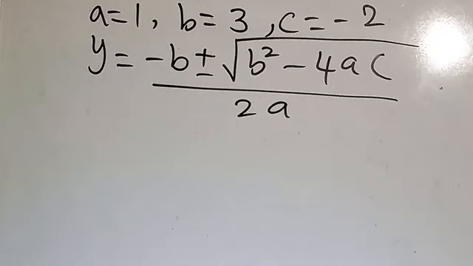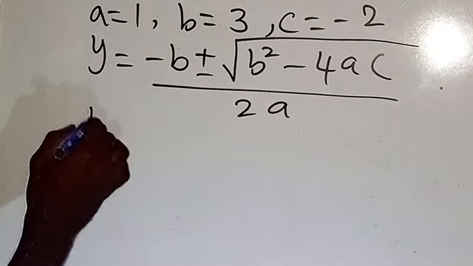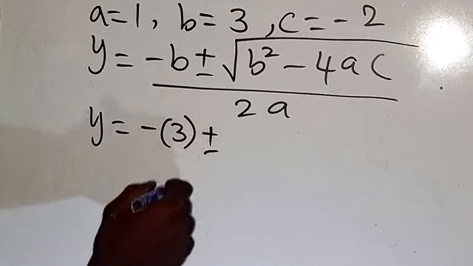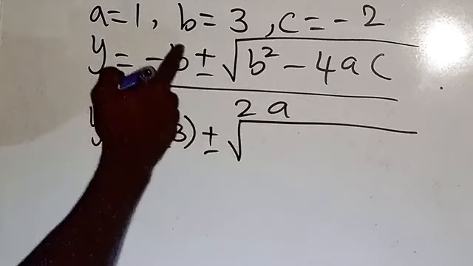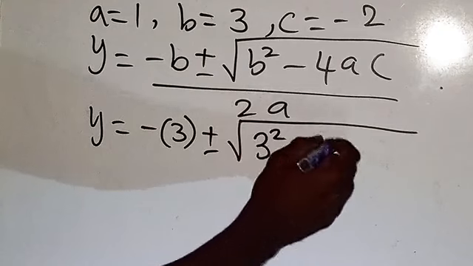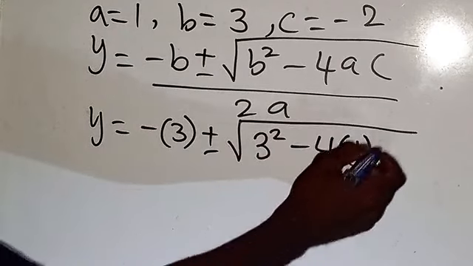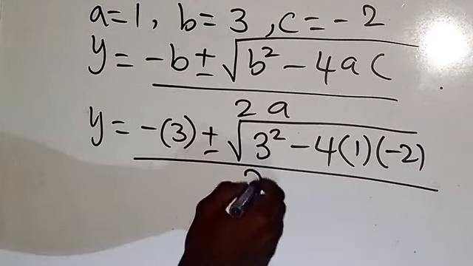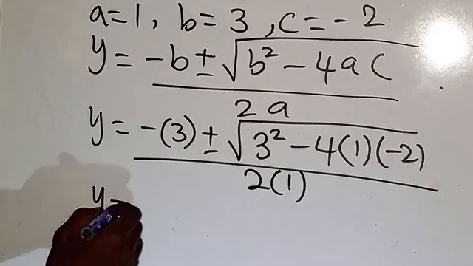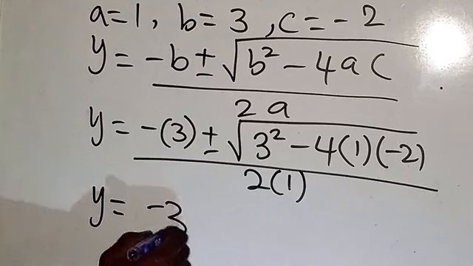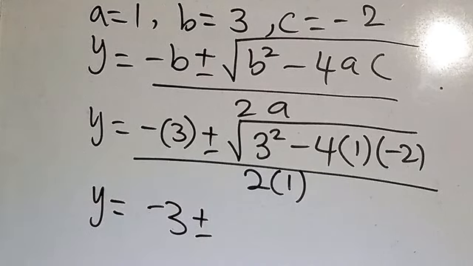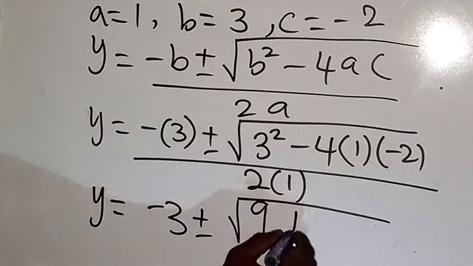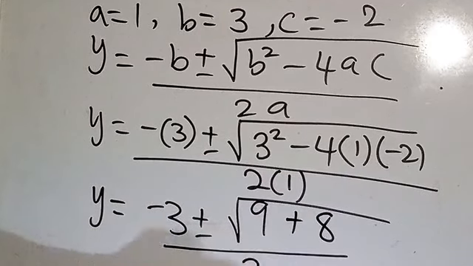So we have y equals minus b, the b is 3, we put the 3, plus or minus the square root of b squared, 3 squared, minus 4 times a, which is 1, then c is minus 2, then divided by 2 times 1. So we have y equals minus 3 plus or minus, then 3 squared is 9, then we have 9 minus 4 times minus 2, we're going to have plus 8, then divided by 2.